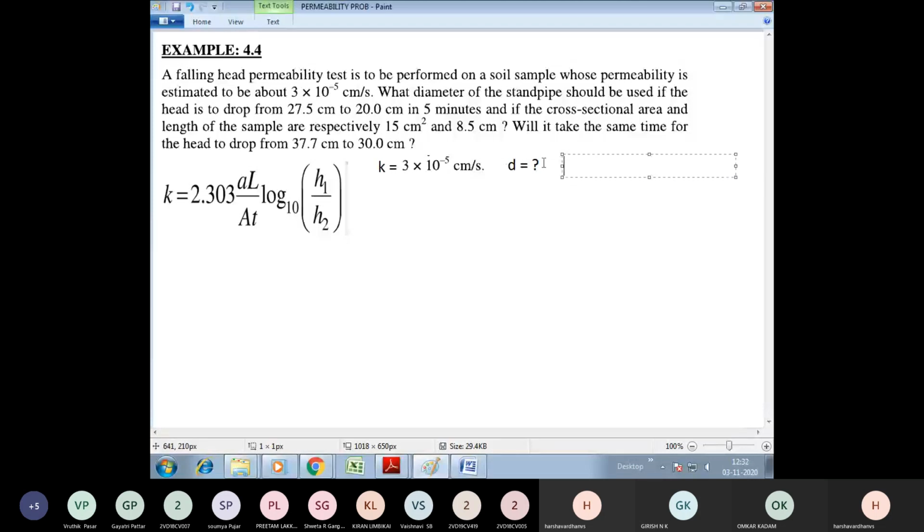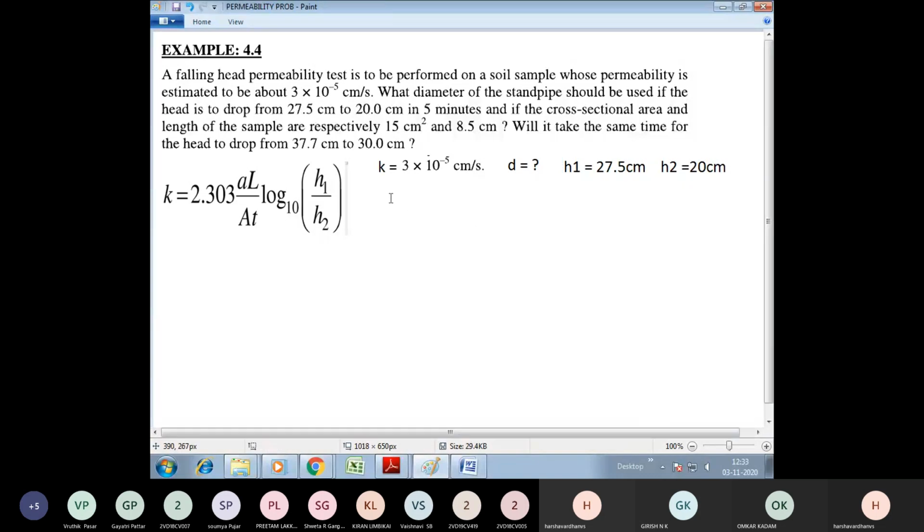Next, for the head: what diameter of standpipe should be used if the head is to drop from, initially, 27.5 centimeter to 20 centimeter, and it does so in how much time?